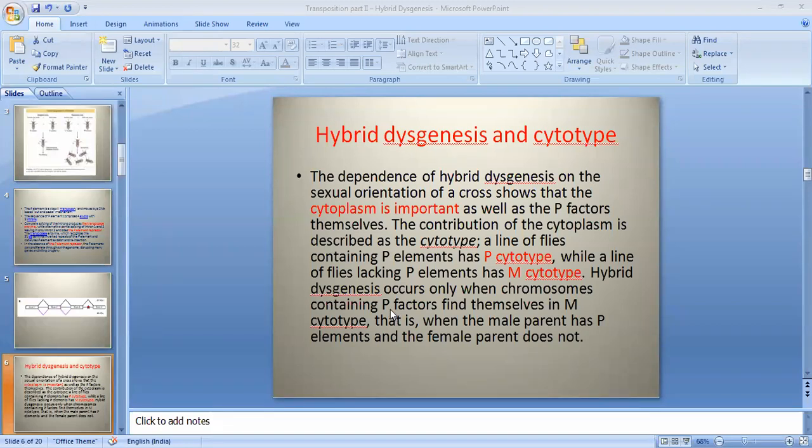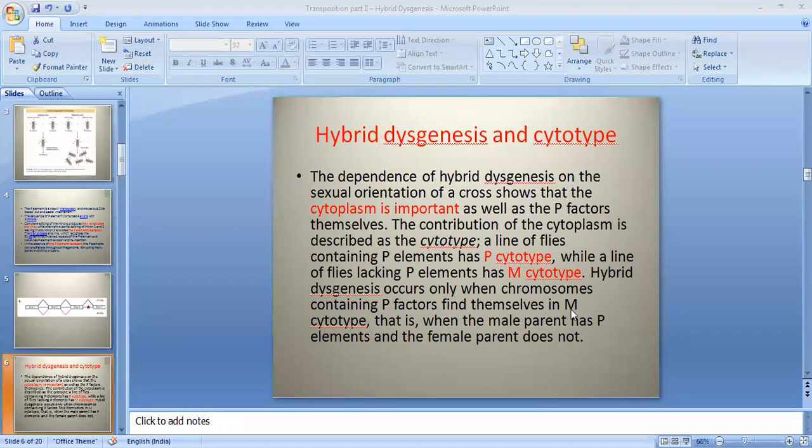If a sperm has a P element in its genome, then this sperm can donate this P factor, because the sperm genome gets transferred into the ovum during fertilization.